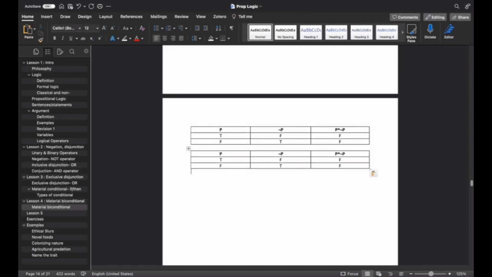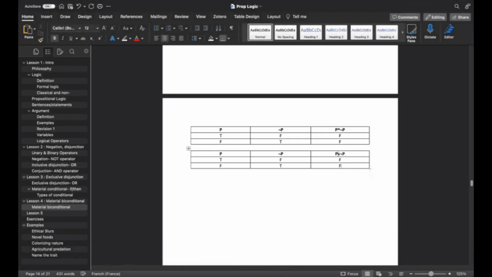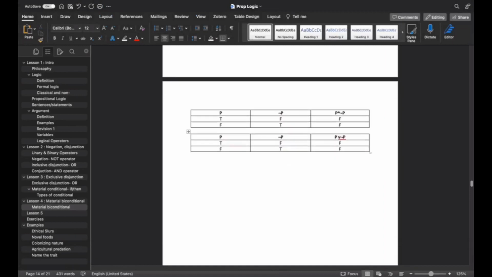And then just change the third column to P inclusive disjunction not P. I can just do a V, right? Yeah, just a normal V. Now I see it. Okay.